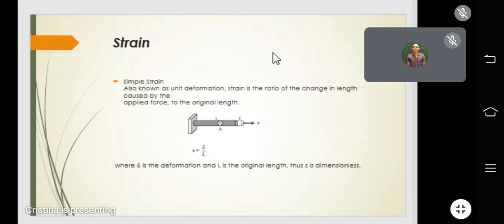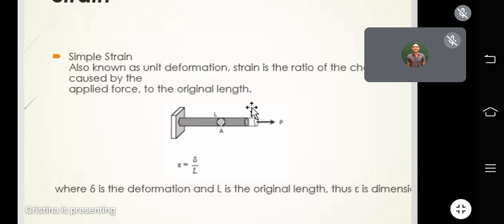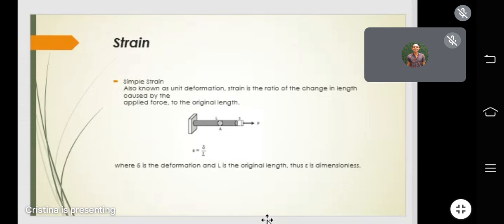Strain is the deformation over the length, where delta is the deformation and L is the original length. The strain is dimensionless.